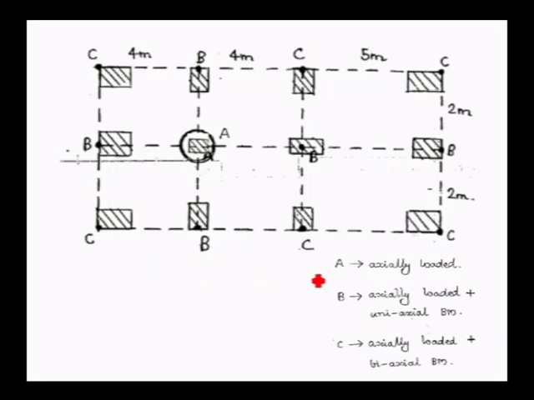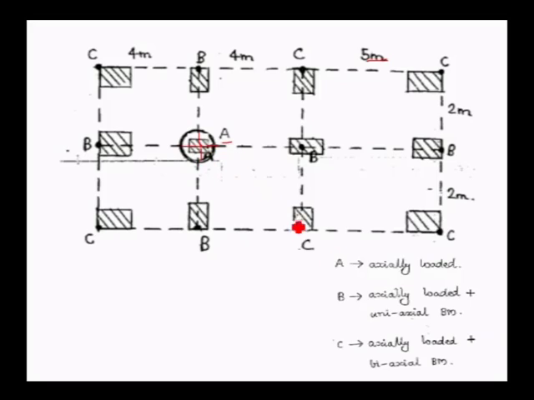Here these are the columns in a frame structure, at a distance of 4 meter in one direction and 5 meter in the other. What we can observe is that column A is at the center of these two axes. Therefore, the load is acting exactly at the center.